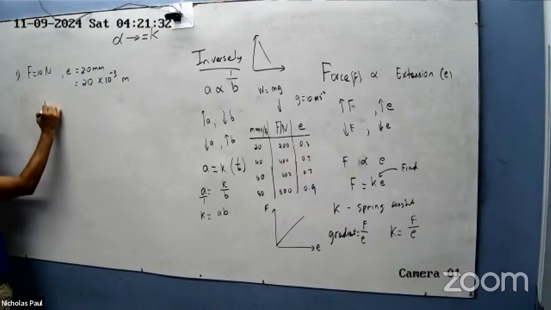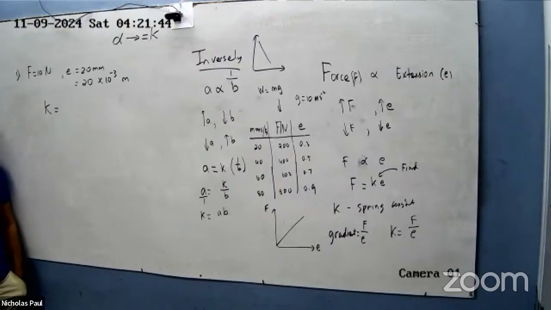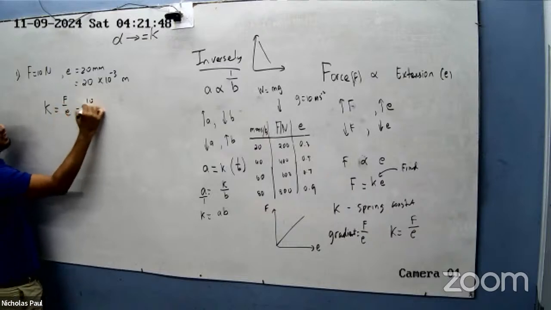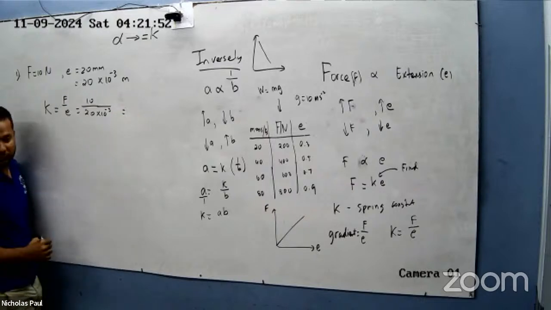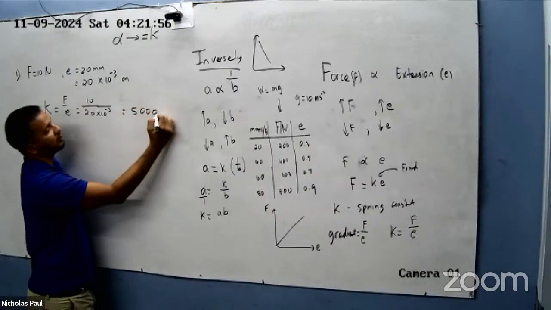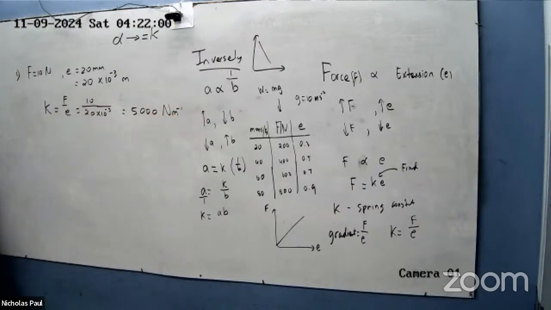Right, next step, what's the formula to find K? K is F over E. So F is 10 over 20 times 10 to the minus 3. What is that? 5,000. Please write the SI unit, right?